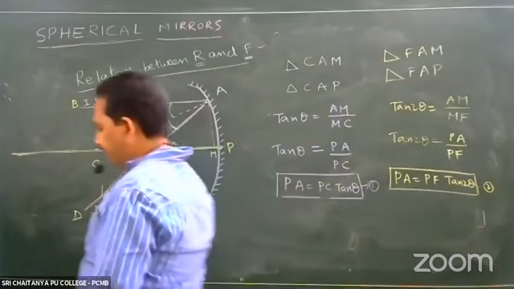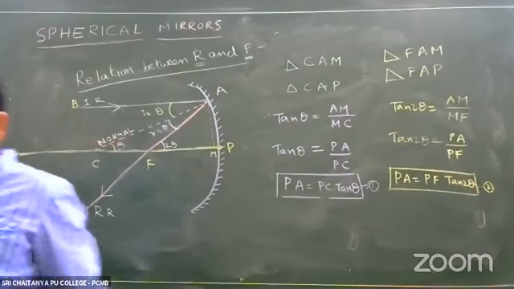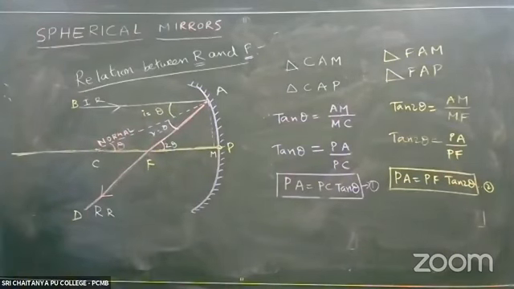I considered two triangles, one with the center of curvature, the other with the principal focus, taking the pole and the point at which the light ray is incident. So PA is equal to PC tan theta from triangle CAP. From triangle FAP, PA is equal to PF tan 2 theta.